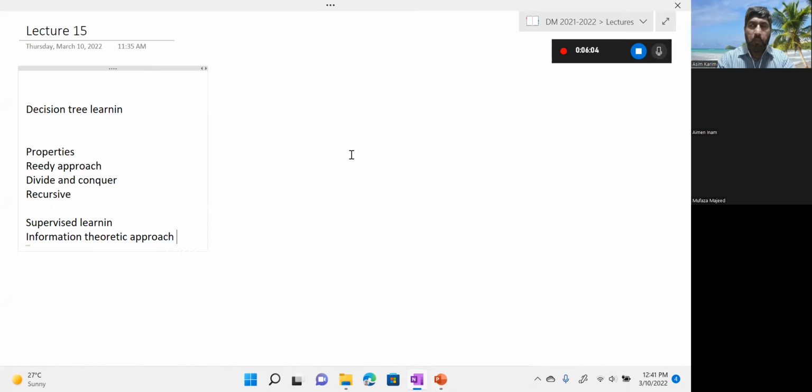So it is not a probabilistic approach, and it is not a statistical approach in the purest sense. It's an information theoretic approach for learning, as opposed to, for example, naive-Bayes, which would be a probabilistic approach. Okay? So these are a couple of characteristics from the machine learning perspective.